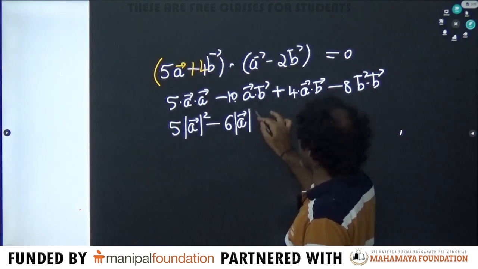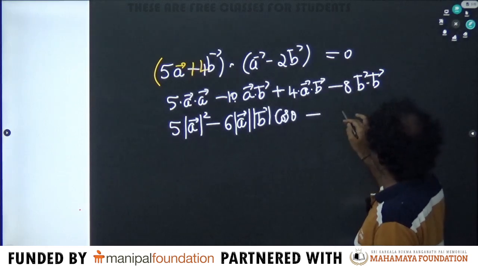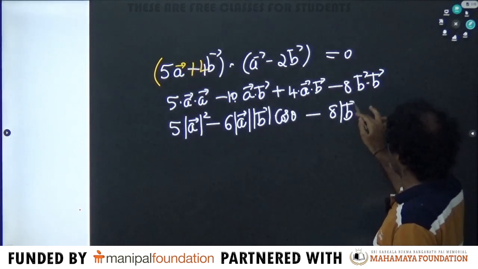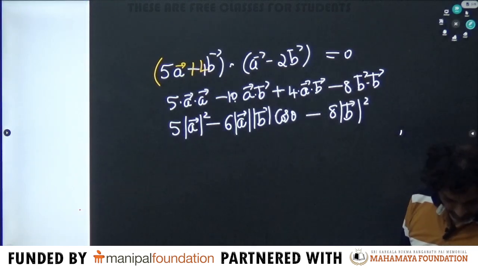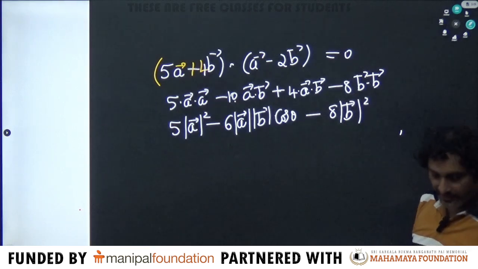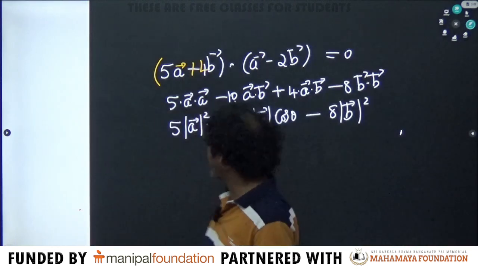What's a vector dot b vector? Magnitude A, magnitude B, cos theta. Minus 8, again this will be magnitude B square. Let's check if they're saying anything about A and B. They're telling that A and B are unit vectors, so magnitude is stuck to 1.